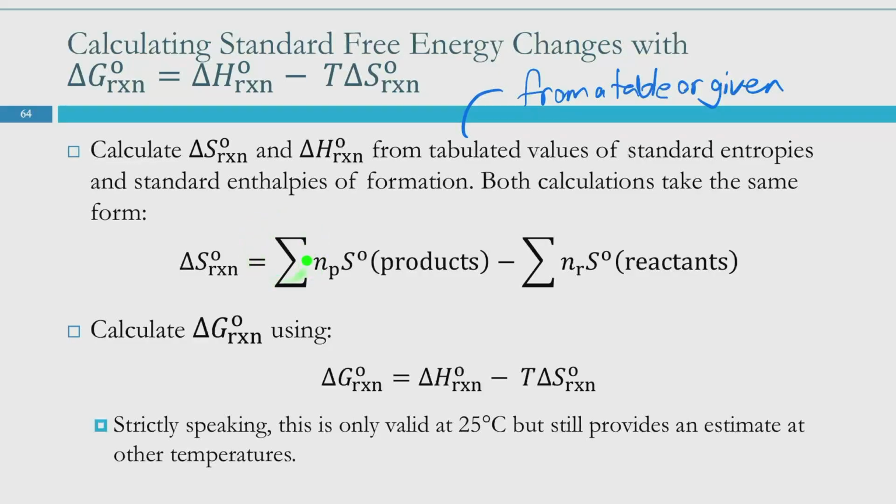We add up the coefficient times the standard enthalpy or entropy of our products and subtract from that our coefficients times the standard entropy or enthalpy of the reactants.